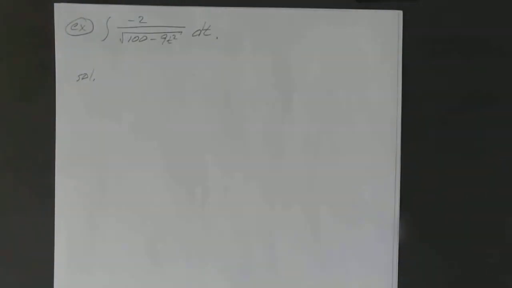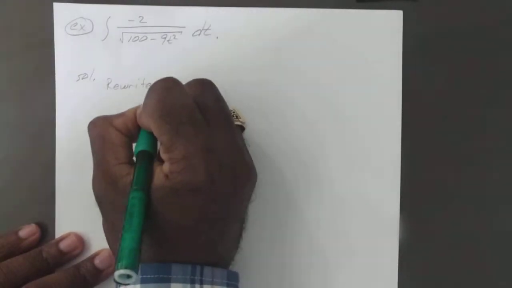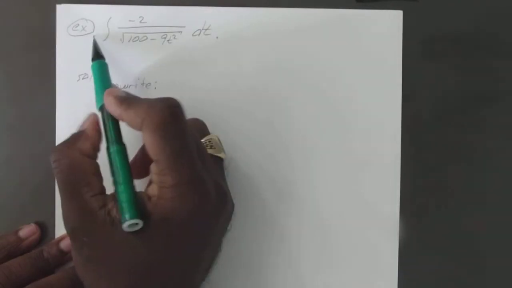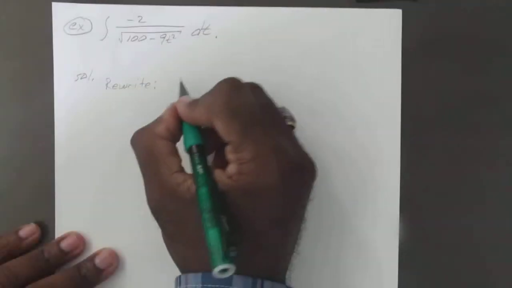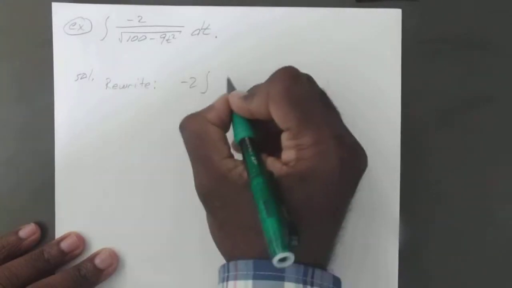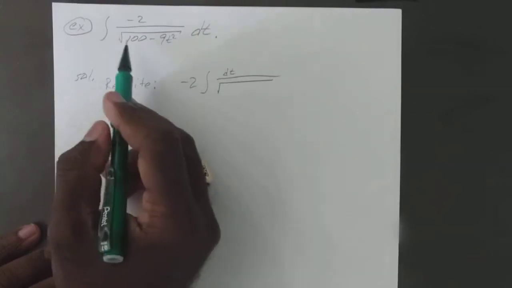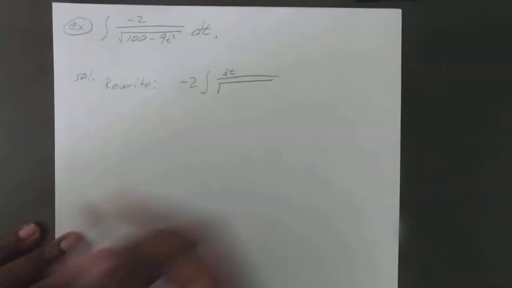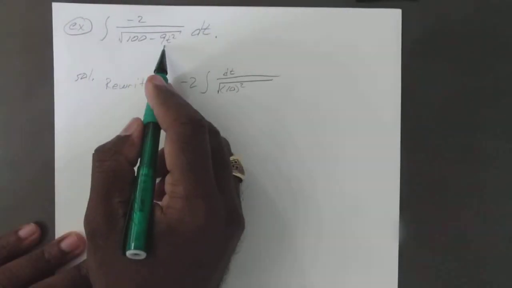And we want to evaluate that one. Okay, so the first thing I always do is always just rewrite it. That -2, just bring it right out to the front. And that dt, I just put it right up top.